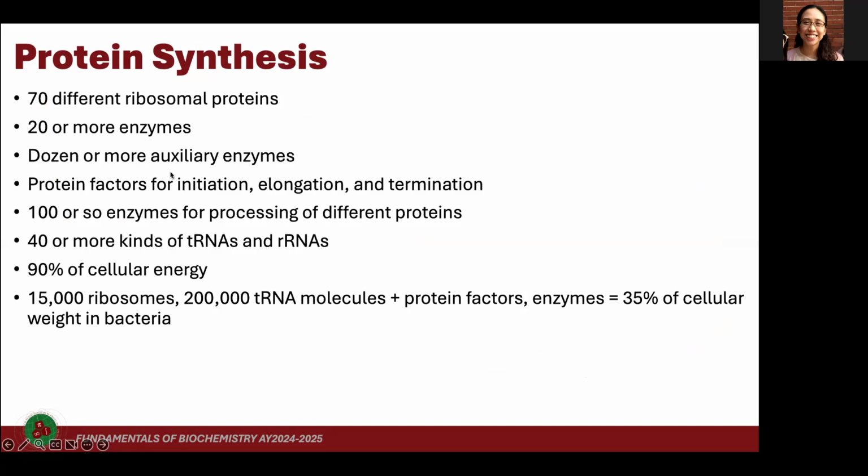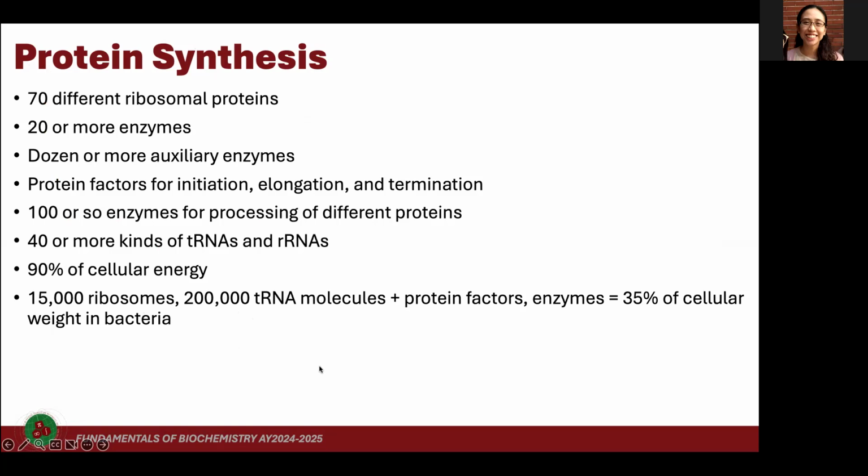Protein synthesis consumes 90% of cellular energy, and as I mentioned, proteins are the workhorses of life. They are the ones responsible for the various processes, biochemical reactions taking place inside the cell, and these reactions are important so that life is maintained. Hence, the percentage of energy required by this process.